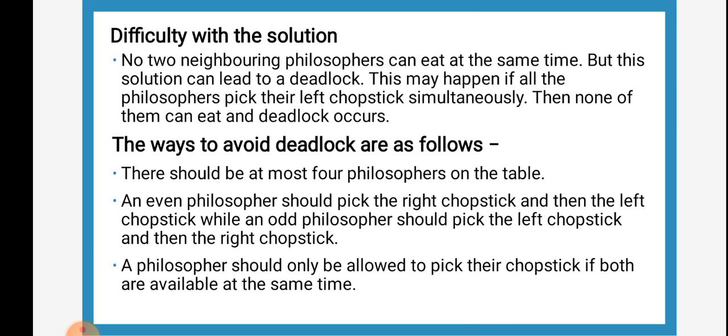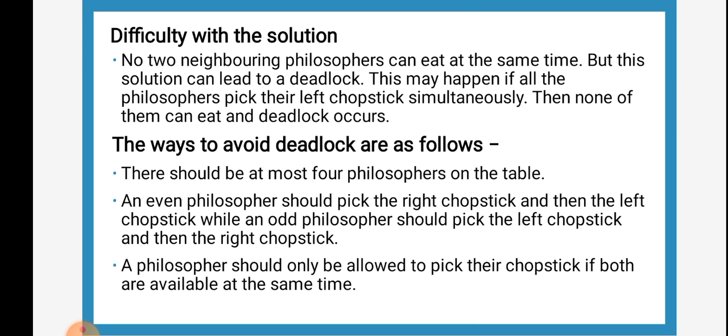Similarly, for odd philosophers, first we choose the left chopstick and then we go with the right chopstick. If philosophers pick up their chopsticks in this way, then we can avoid the deadlock here.